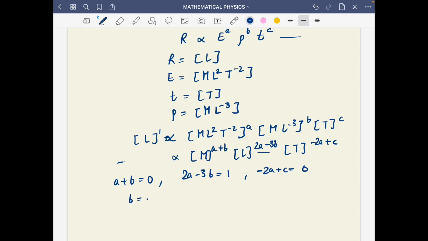b is equal to minus a. Here we will substitute, and you can get the calculation done, since it is easy. So 2a plus 3a is equal to 1. Here I have substituted. a is equal to 1 by 5, and my c is equal to 2a, which is 2 by 5, and b is minus 1 by 5, right?